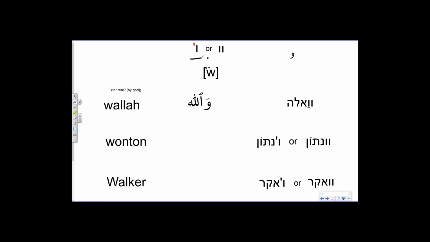One of the most common words in modern Hebrew is actually an Arabic word, an expression. In Arabic it's wallah or wallahi, which is like for real or by God, like you swear, you're being serious. And in Hebrew, it's just become wala, and that has taken on its own connotation, meaning also like okay, but mainly it's just like for real, really.